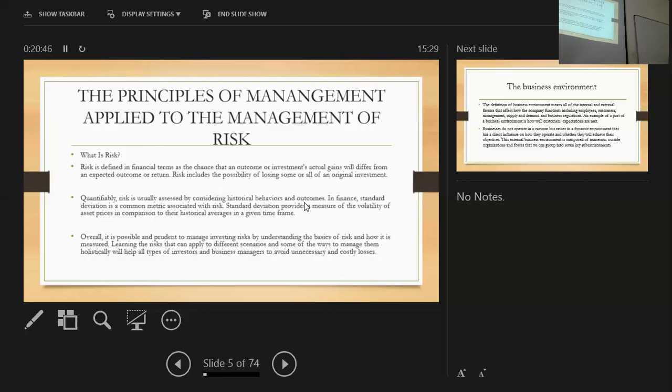Now, risk management in Africa, including South Africa, because normally we don't include South Africa in Africa. It's an economic perspective.